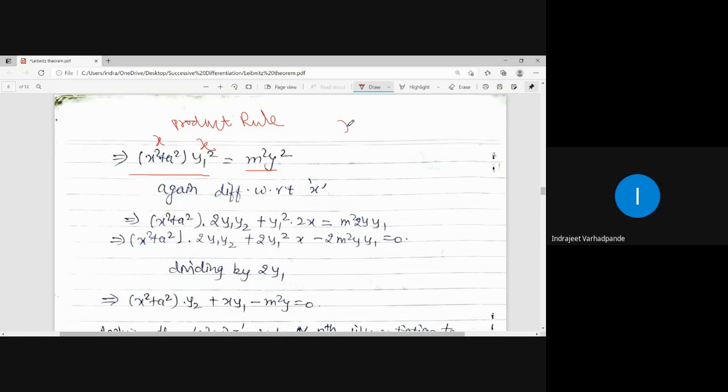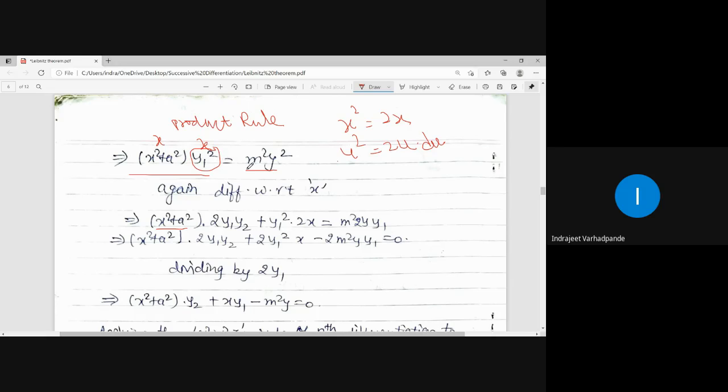Now what is the derivative of x square? Can anybody tell me? 2x. What is the derivative of u square? 2u into du by dx. So I will compare this y1 square with u square. So first term x square plus a square as it is into the derivative of y1 square.